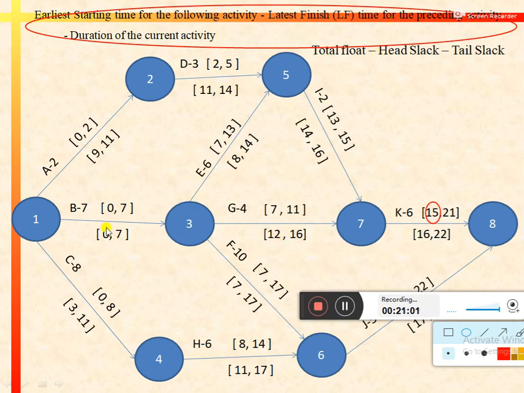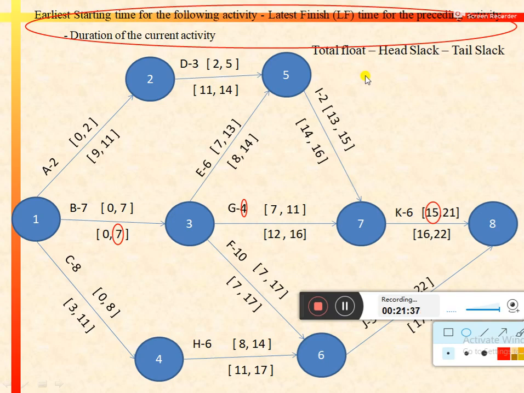So B is the preceding activity of G and latest finish of activity B is 7, minus duration of the current activity. So 4 is the duration of activity G. So by using this expression we can calculate the independent float for activity G. So the answer would be 15 minus 7 minus 4, that would be equal to 4. So 4 is the independent float for activity G.